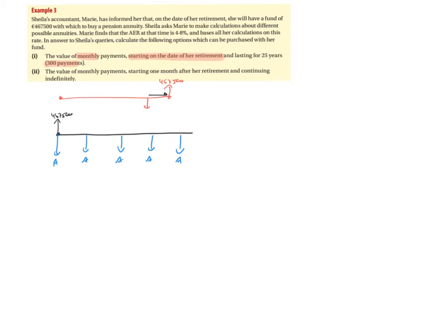Okay, so let's look at this timeline again. You can see that all my amounts now are to the right. I've given the money here, this 467,500. It's like giving a loan to myself, if that makes sense. So what's happening now is that all of these are coming to the left to get to this black thing here, to get to this money. So therefore, they're all being discounted. Okay, and that's important.